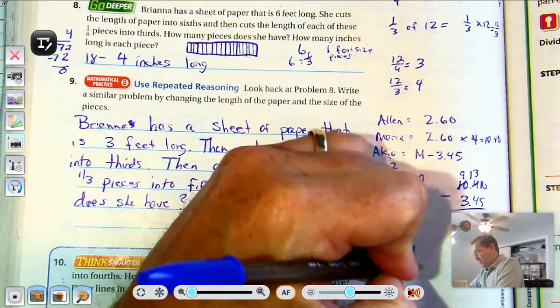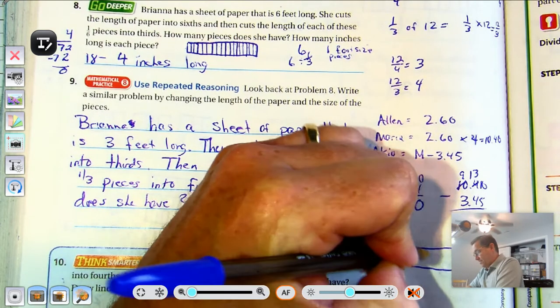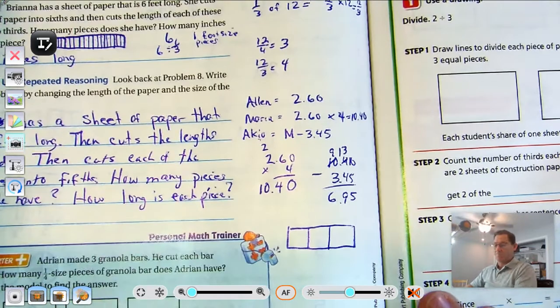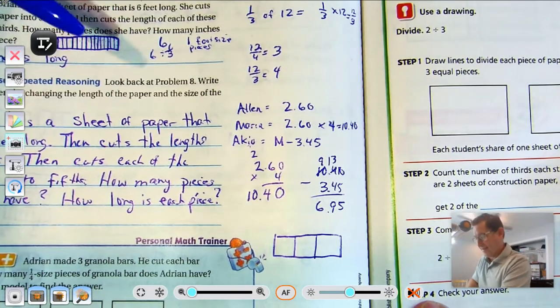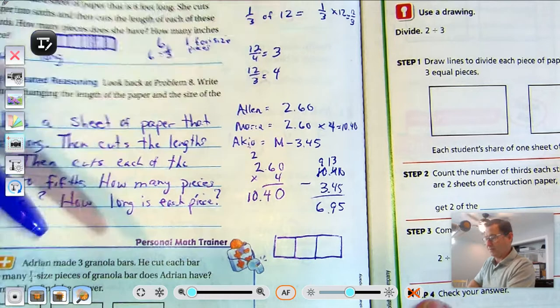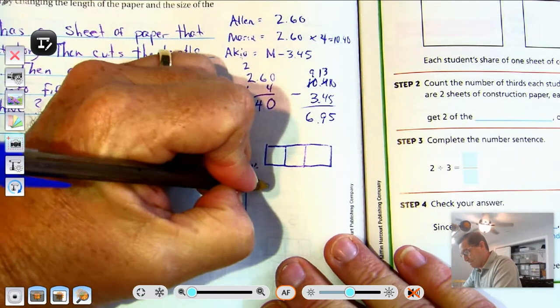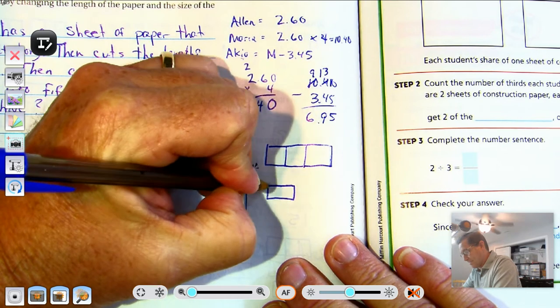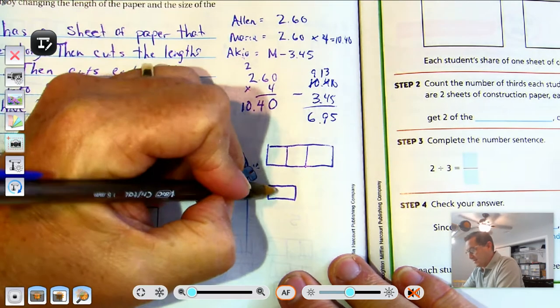So let's take our paper, okay, and we divide it into thirds. We're going to then take each of those thirds and break it into 5 pieces.